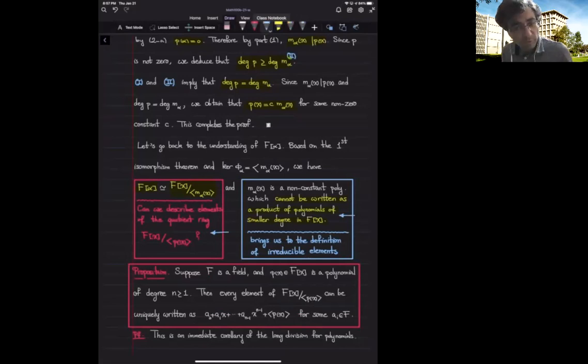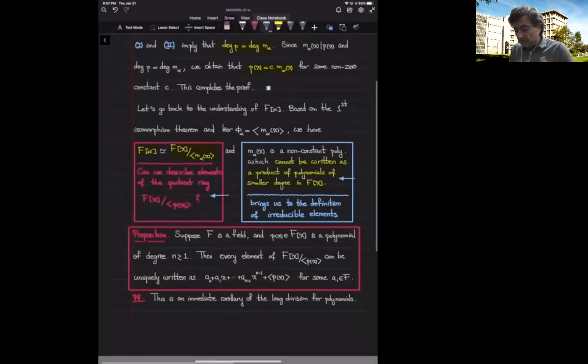Okay, let's start with this one because this is an immediate corollary of the division algorithm. So we are given a field F, and I look at the ring of polynomials. I give you a non-zero polynomial, in fact a non-constant polynomial. So suppose that the degree is n, which is at least 1.